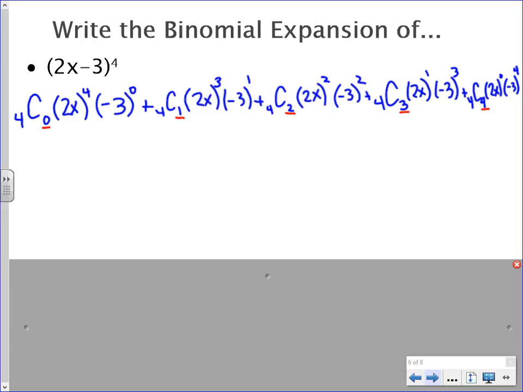4 combinations of 0 is 1. 2x to the fourth is 16x to the fourth, and -3 to the 0 is 1. So our first term is 16x to the fourth.